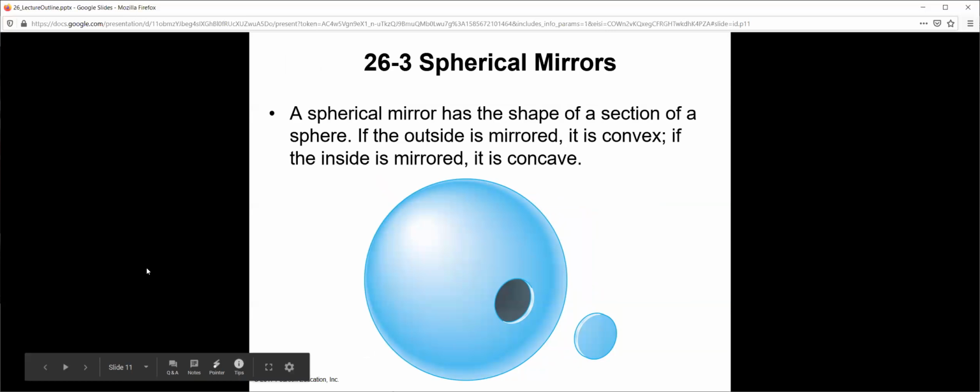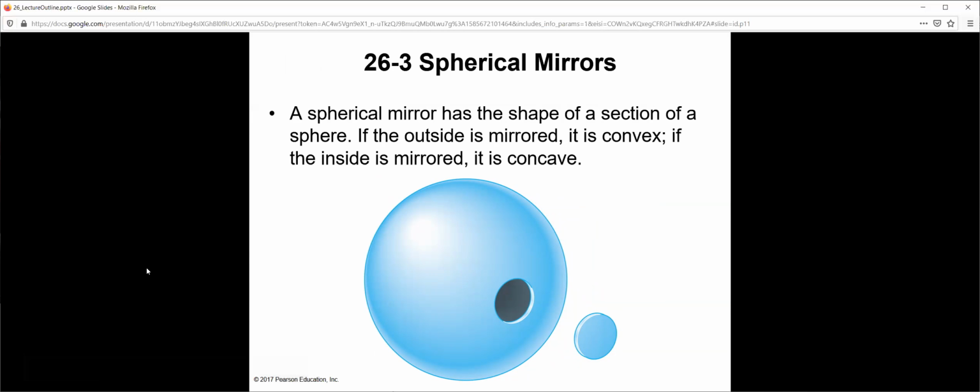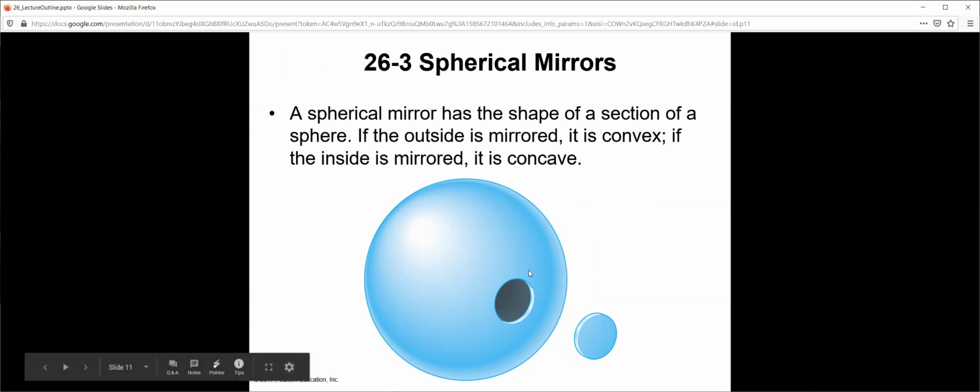We can also discuss spherical mirrors. A spherical mirror has the shape of a section of a sphere. Bowling balls that are made of mirror aren't actually what we're talking about here. We're talking about convex and concave sections of mirrors. So we're not talking about the big bowling ball here. We're talking about the little insert.